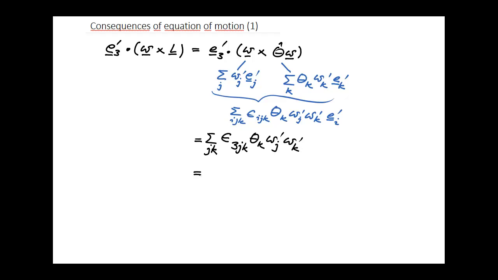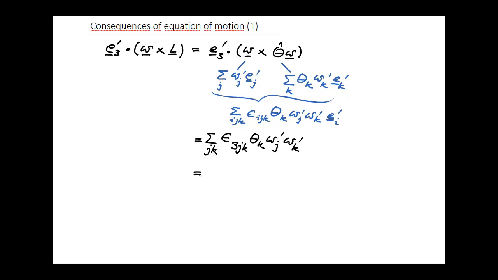In this sum, we learned last week that the Levi-Civita symbol is non-zero only if all three indices are different. So one index is now given, it's a 3. There are only two possibilities where the symbol is non-zero.